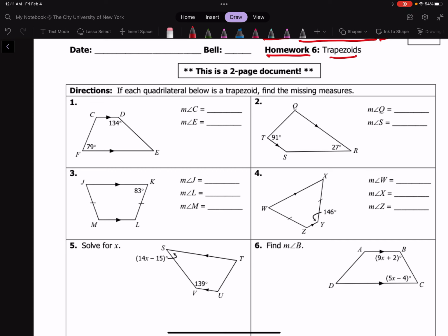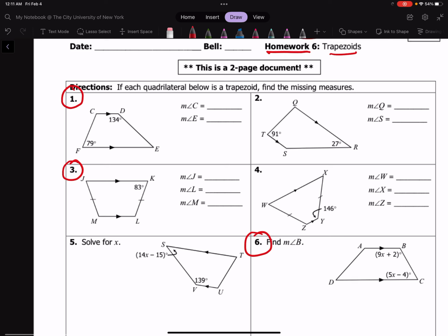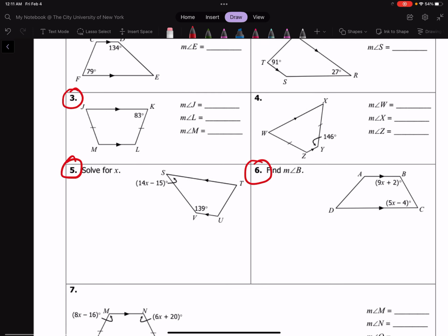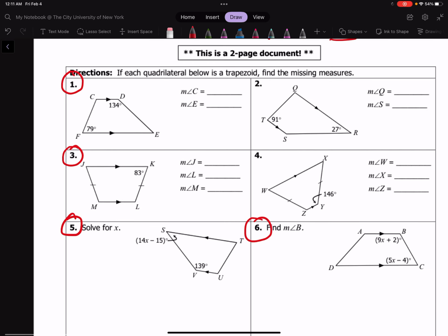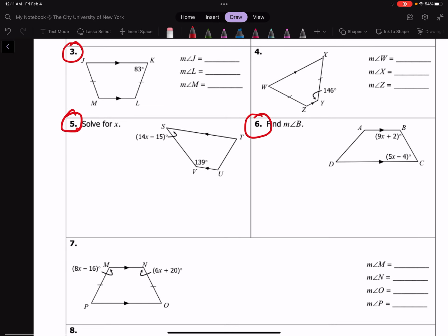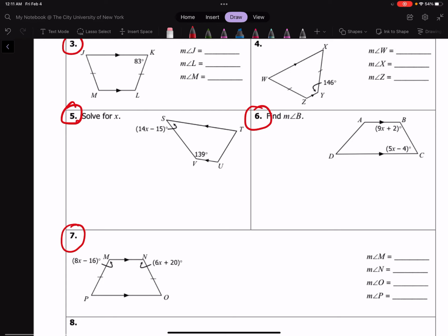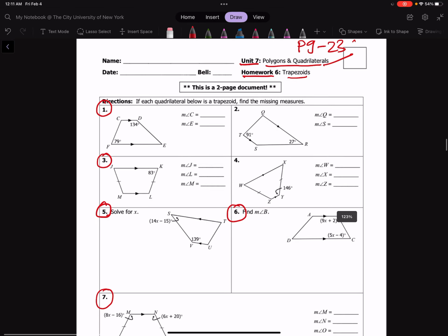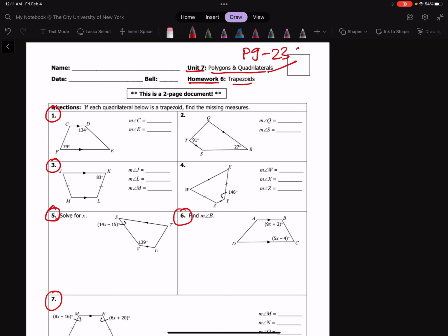Do numbers 1, 3, 5, 6, and 7. That's your homework.